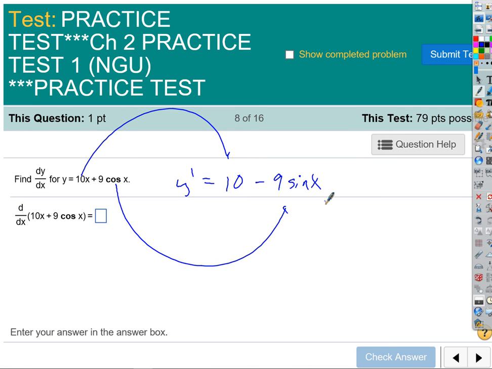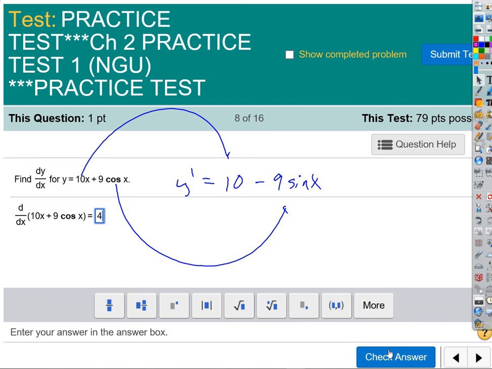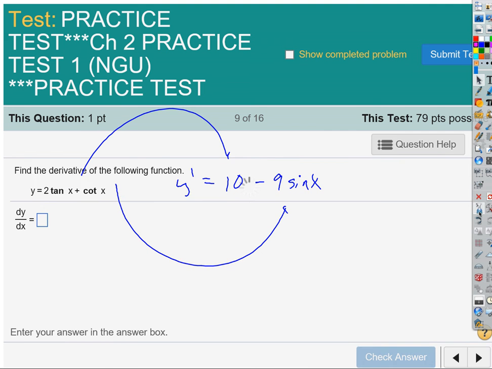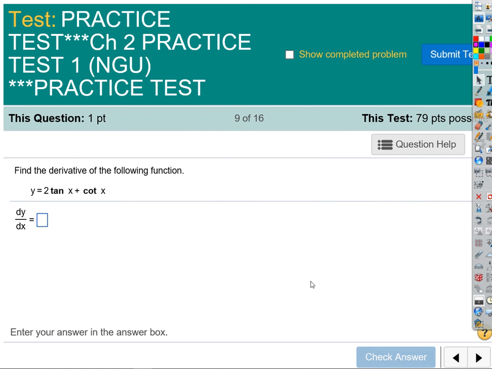Right? No biggie. Okay. No big deal. Only thing that's harder about this is you gotta remember those other trig derivatives, right?